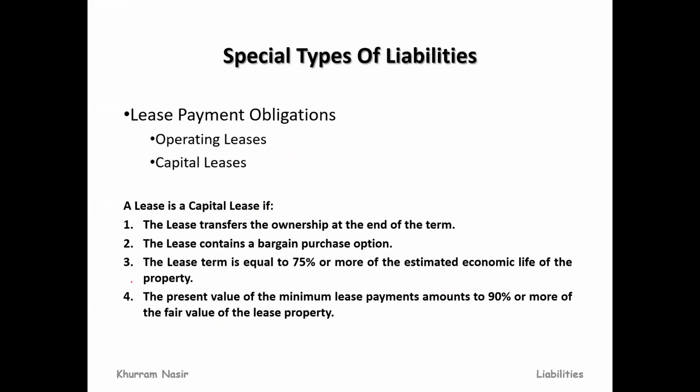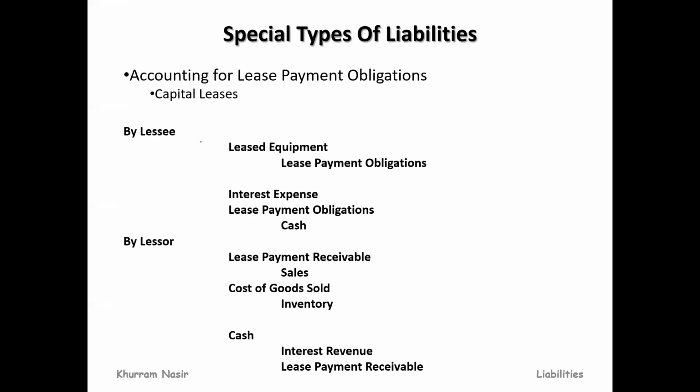Then we have another special liability, which is called a lease. We'll be talking about the capital lease. In a capital lease, the asset is initially owned by the bank. After all the payments are made, the asset is transferred to the tenant.